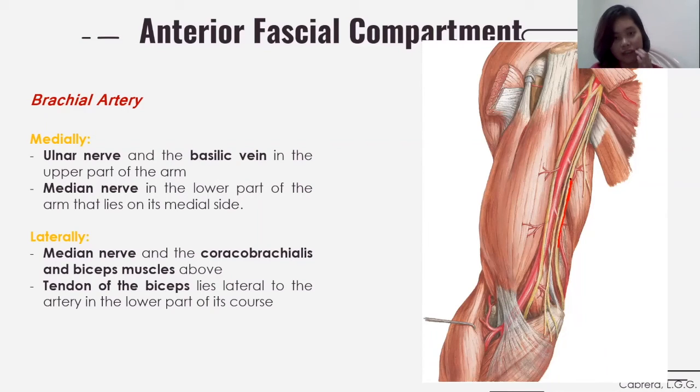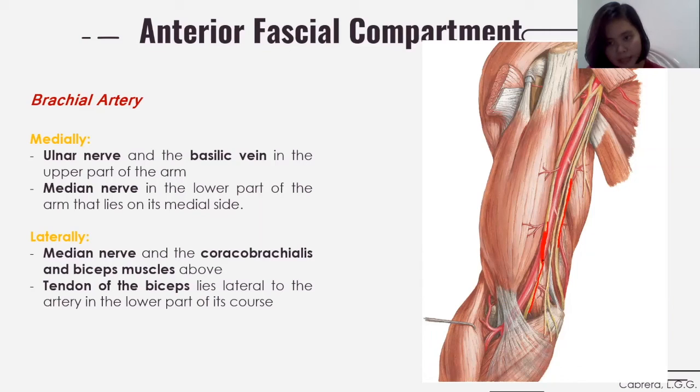And of course, again, we have the median nerve, which is located right here. As I've said previously, nasa anterior relation din siya since pagdating po niya dito sa middle part ng brachial artery, as you can see, it crosses, which makes it po na anterior relation.